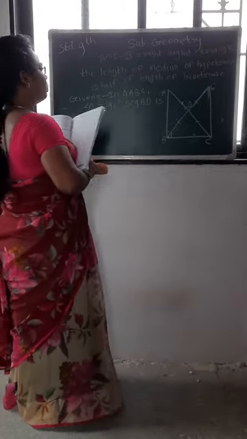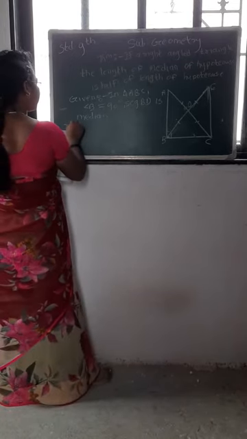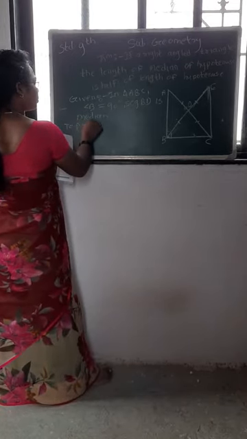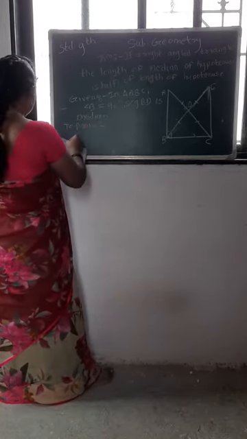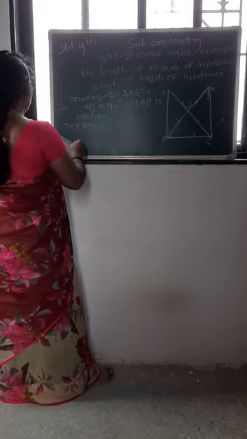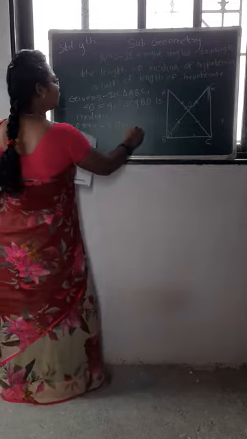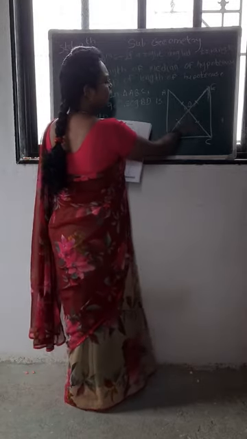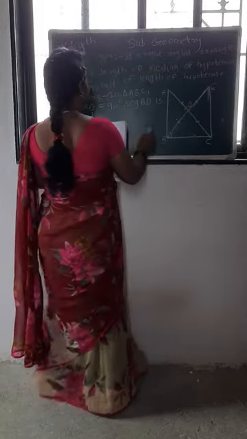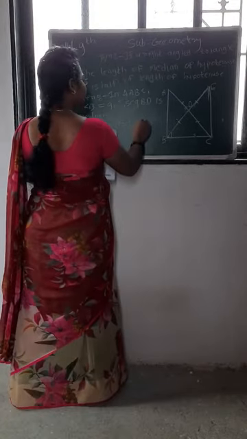To prove: BD is equal to 1 half of the hypotenuse, that is, BD is equal to 1 half AC.